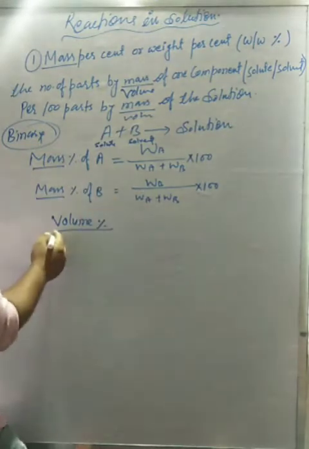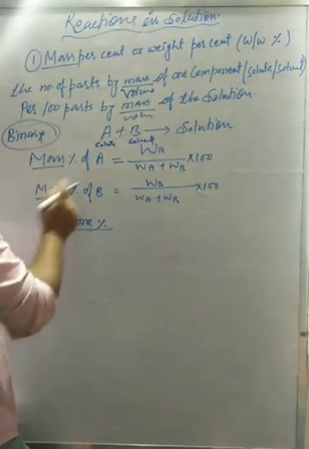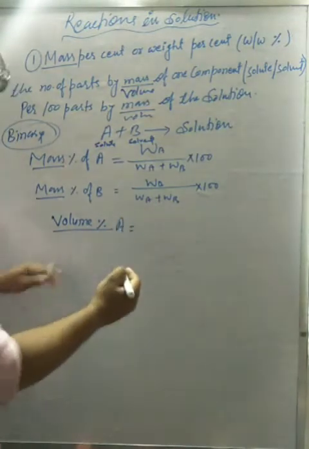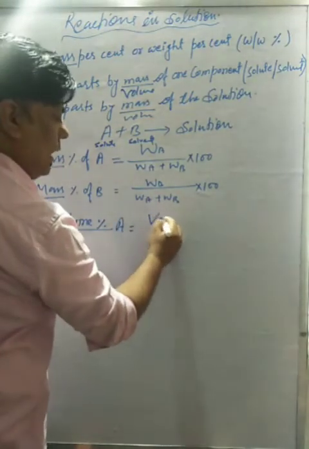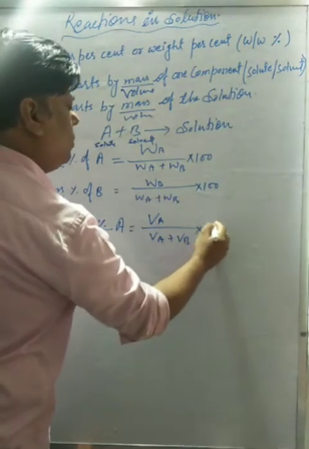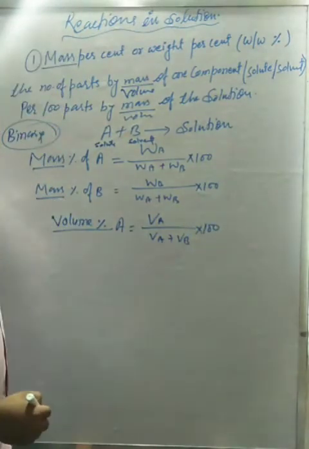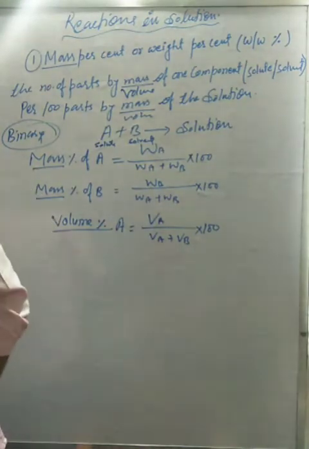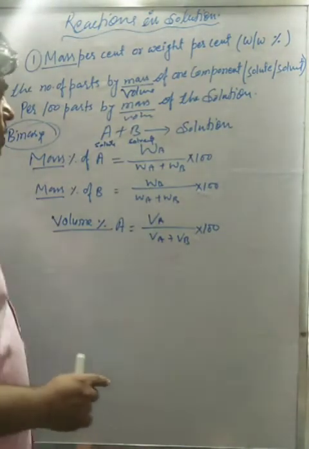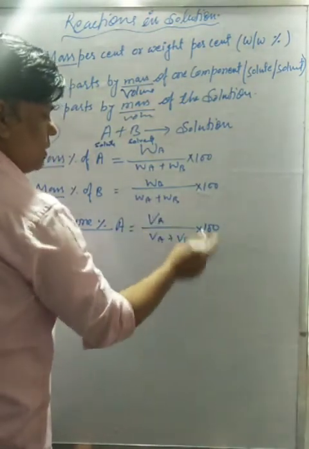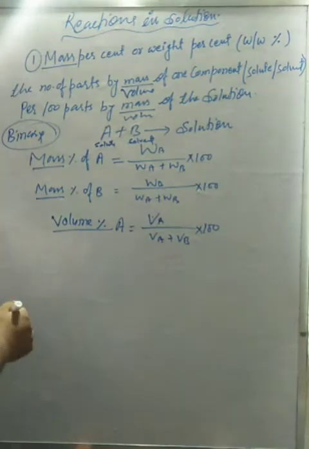What is the volume percent of A in solution? Volume of A upon volume of A plus volume of B, into 100. That is the volume percent of A, and that is the volume percent of solution, right?